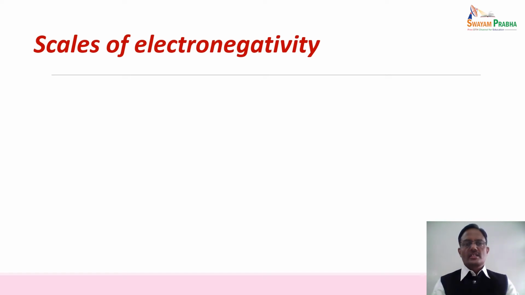Now let us discuss the scales of electronegativity. Now this is an interesting point. Till now, whatever periodic properties we have discussed, we never discussed the scales because all of them were absolute properties. For example, ionization potential or atomic radius or electron gain enthalpy.